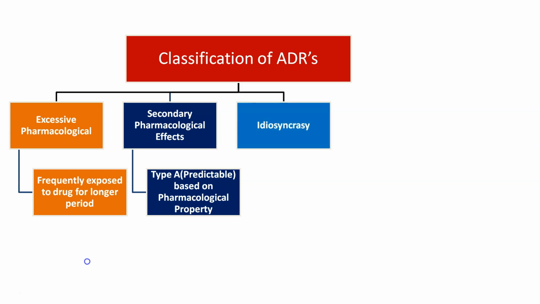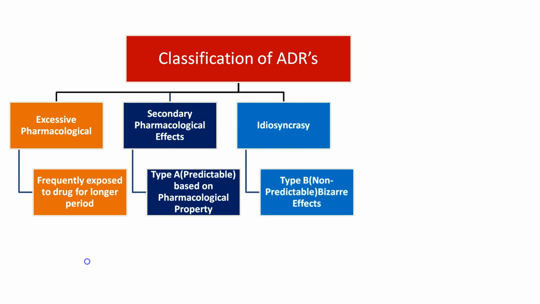And lastly, the last but one is idiosyncrasy. Idiosyncrasy is again type B adverse drug reactions, which are non-predictable in nature. These reactions produce bizarre, unknown effects, rare reactions, which are unpredictable. I have told you idiosyncrasy comes under the category of type B adverse drug reactions, isn't it?